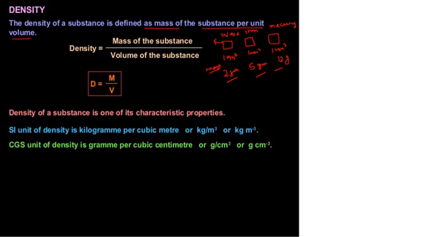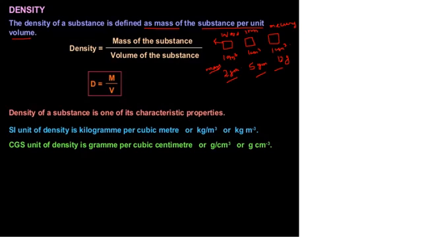What I found is that the mass of wood is 2 gram, iron is 5, and mercury is 12. So in this case we can say that wood is less dense than iron, and iron is less dense than mercury. So mercury is the densest substance here.